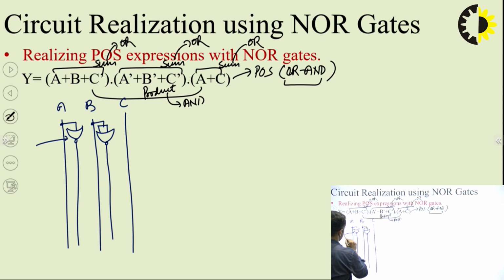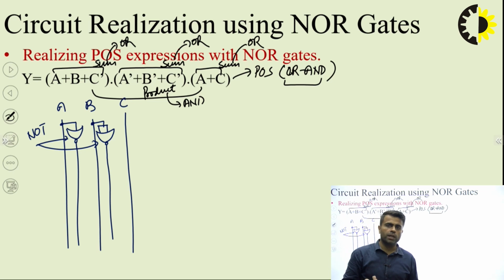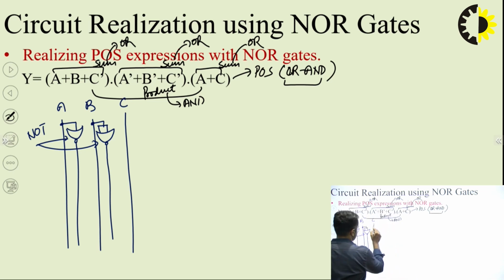Both are NOT. That means if there is a single input in NOR gate, it will act like a NOT gate. So either you can draw a single input or you can merge both the inputs. Both are equivalent. Okay. So for the simplicity, I am using single input.